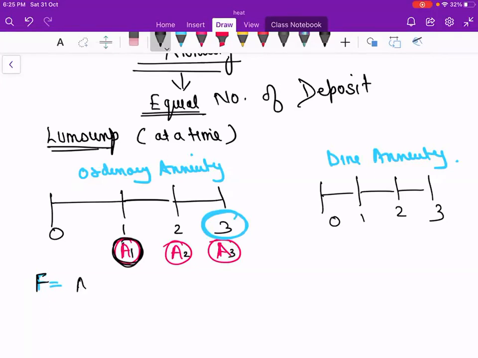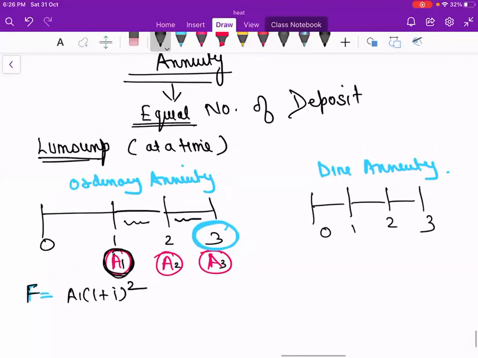A1 times (1 plus I) to the power how much? It will be, see, this 1 year, this 2 year gap, so it will be 2, plus A2. A2 will be (1 plus I) to the power 1, only 1 year.